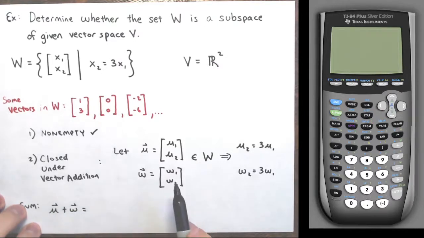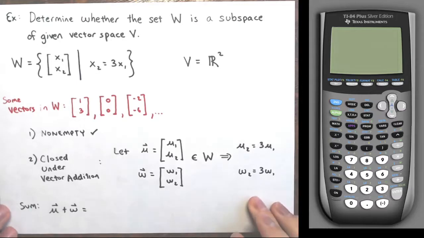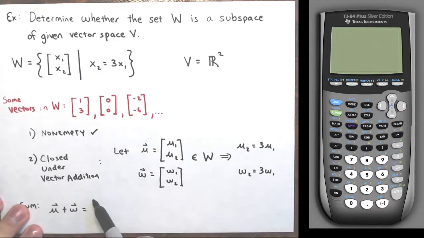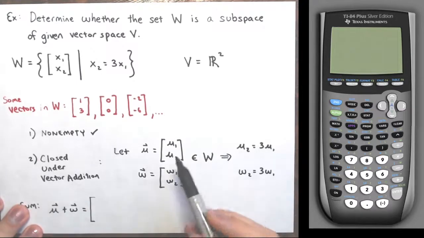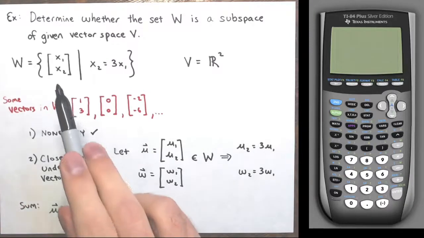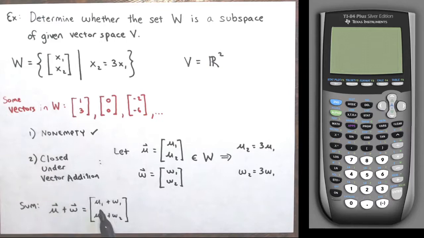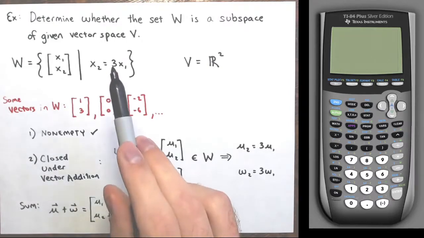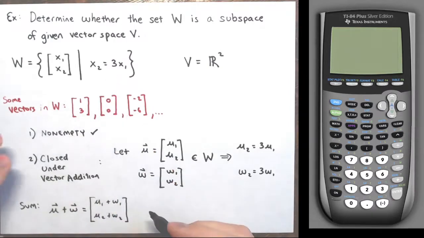Now, as I mentioned earlier, we're using standard definitions for vector addition and scalar multiplication. So what would u plus w be? It would just be u1 plus w1 for the first component, and then u2 plus w2 for the second component. And the question is now, is this in W? So basically, would these components satisfy this condition?